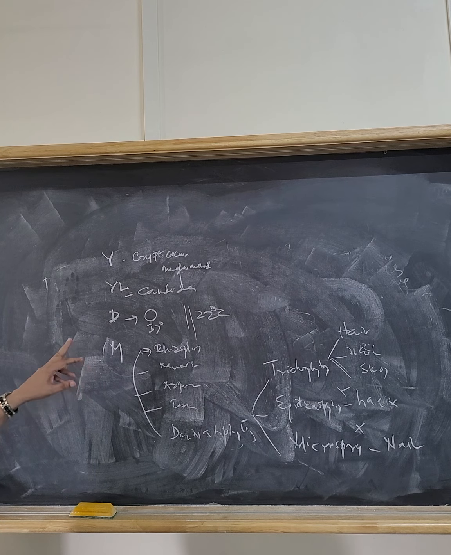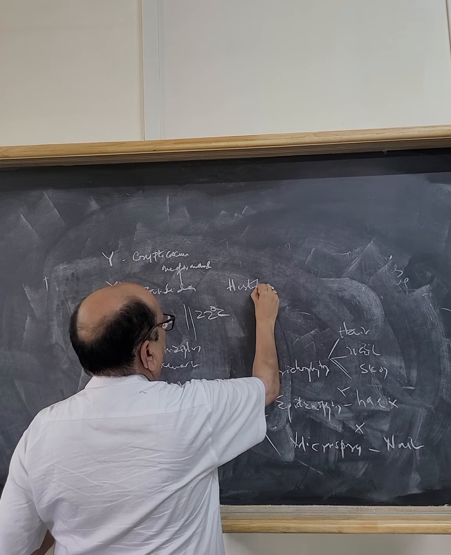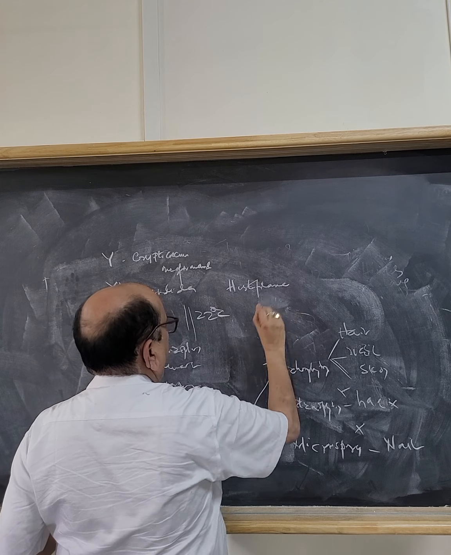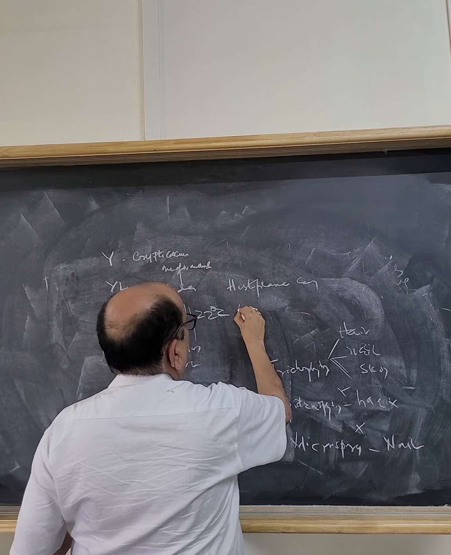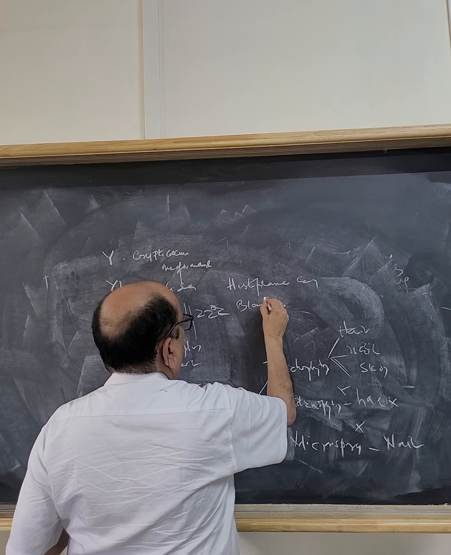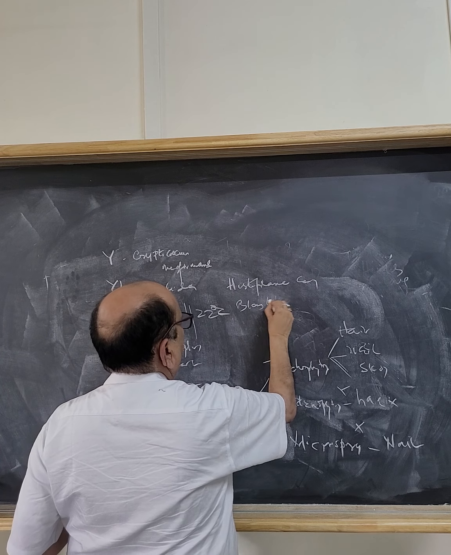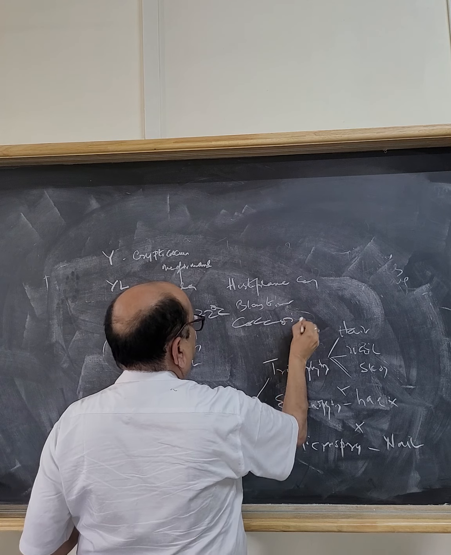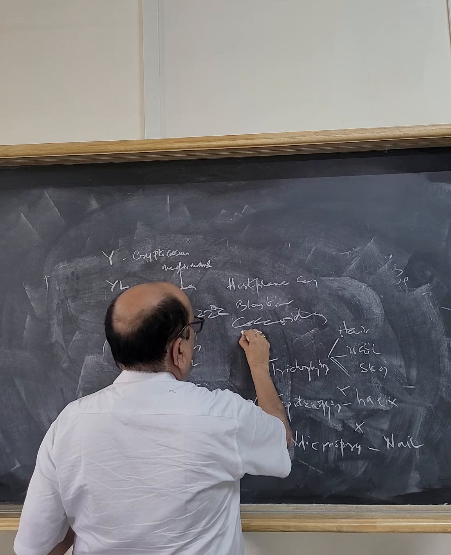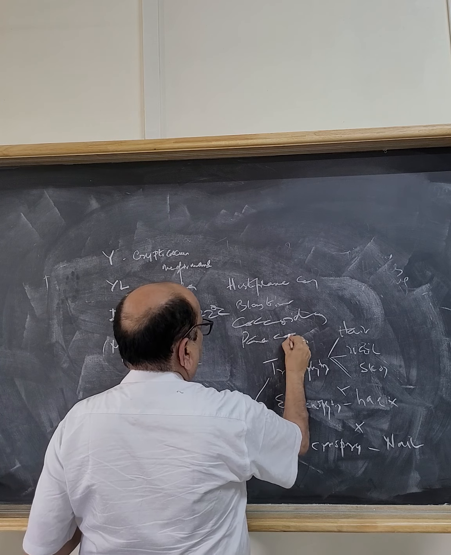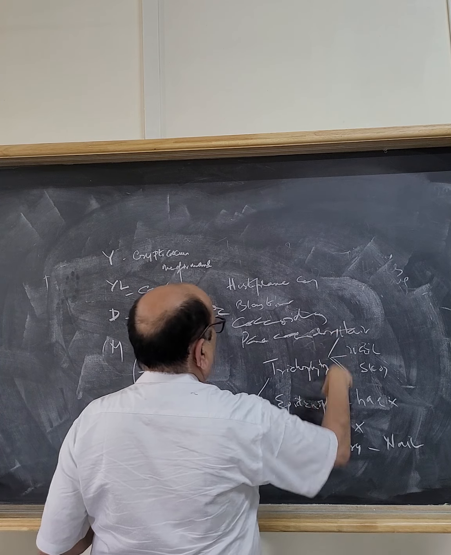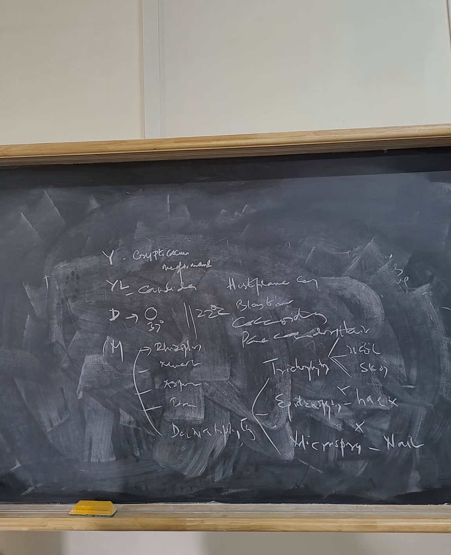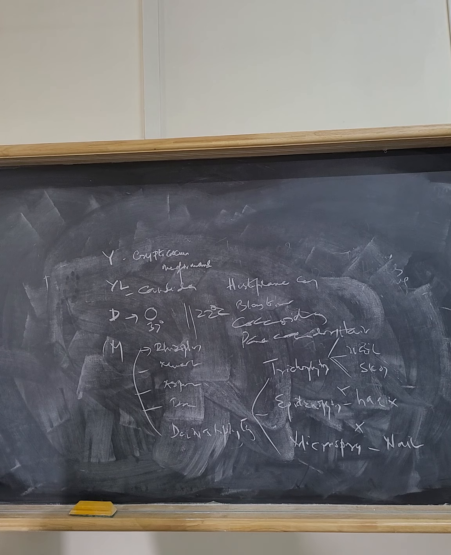Dimorphic fungi you can remember as HBC: Histoplasma capsulatum, Blastomyces, Coccidioides, Paracoccidioides. Remember this as HBC. These are the examples in this classification of the fungi.